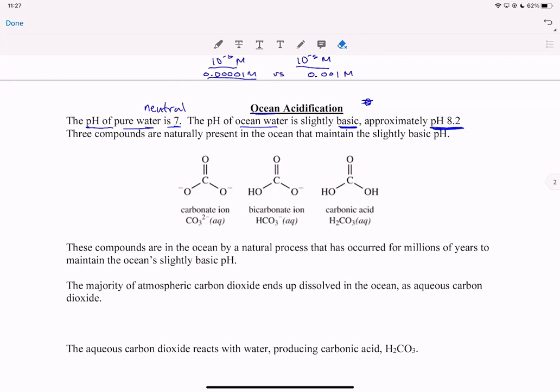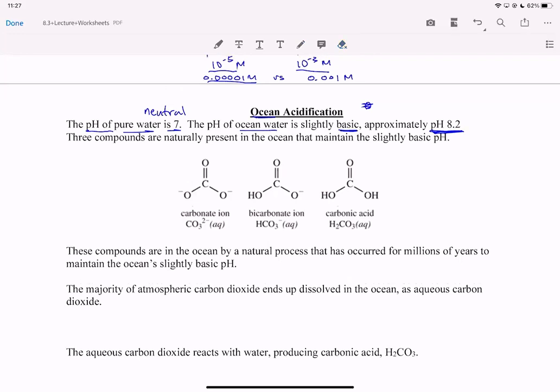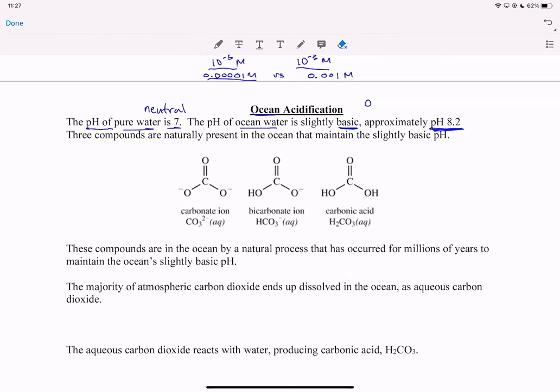And so why is the ocean basic? It's because there's other stuff in the ocean. There are other compounds. These 3 compounds are naturally present. So naturally is the key word. These 3 compounds are naturally present in the ocean. This was established in the evolution of the planet, that these compounds are in the ocean.